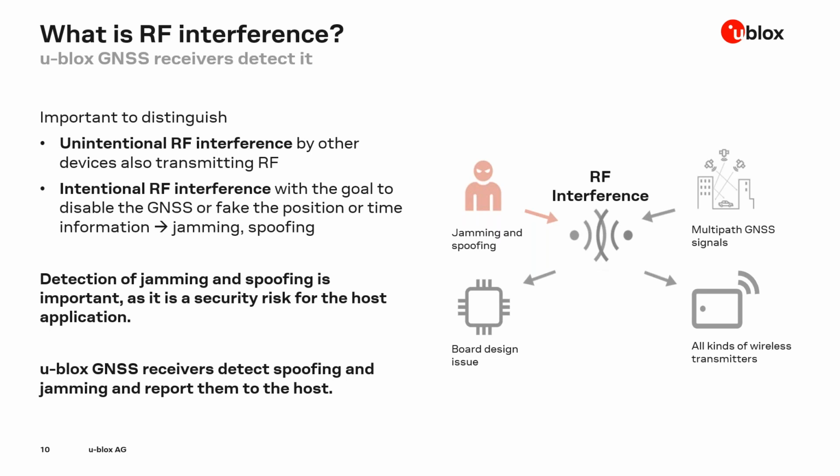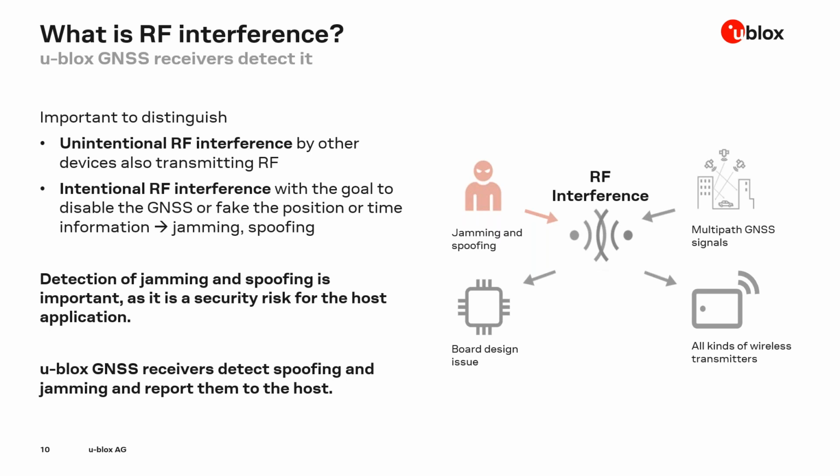And so if we look at these different types of RF interference, it's important to distinguish unintentional RF interference and intentional RF interference. So the last one I mentioned, jamming and spoofing, this is intentional RF interference. Someone wants to basically influence the receiver, the GNSS receiver, in a bad way. And the unintentional RF interference by other devices, this is basically something you cannot avoid.